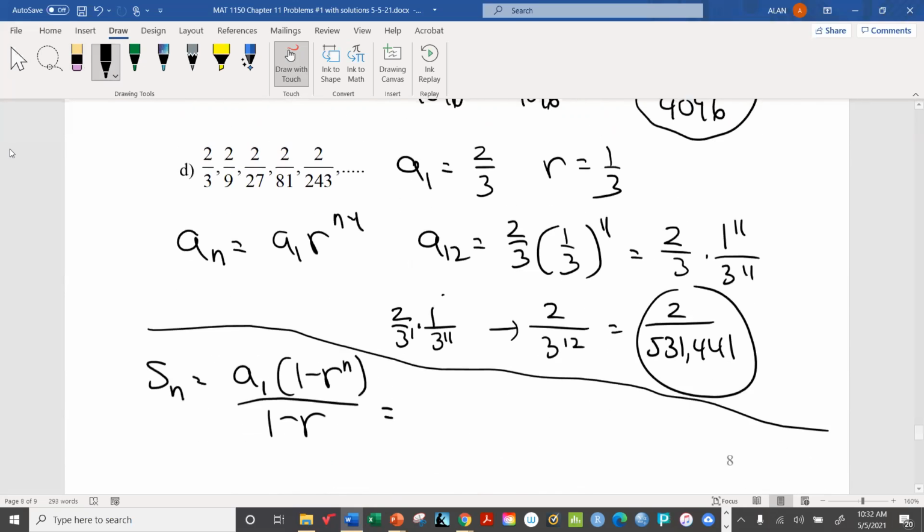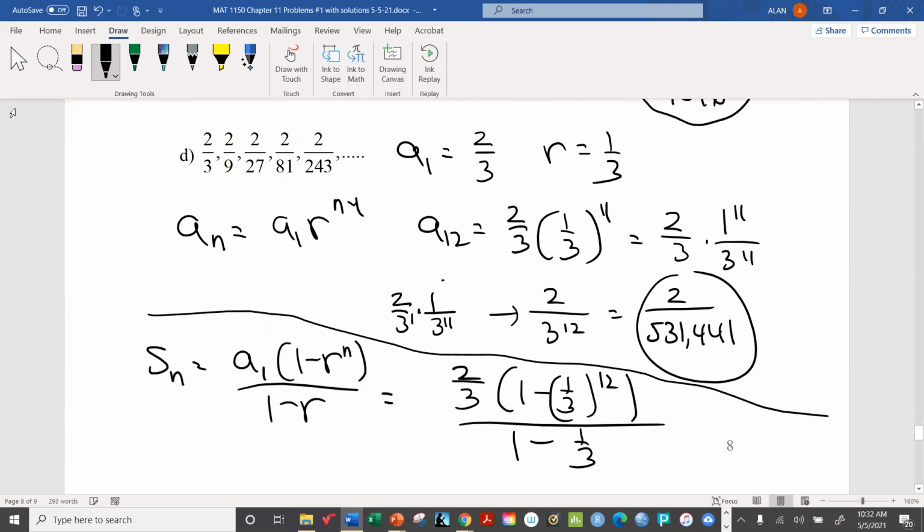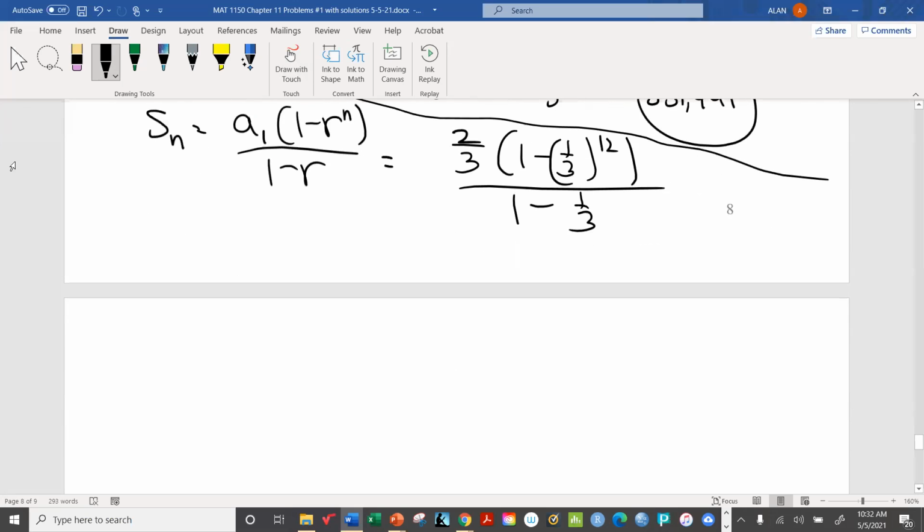That A1 is 2/3. I accidentally put in A12 instead of A1. That's where I went wrong. The ratio is 1/3. Wait a minute, that can't be right. Yes, so the ratio is 1/3 to the 12th power. All right, now we're getting somewhere. See what I did? I accidentally put A12 over here instead of 2/3. Now that's a lot simpler.